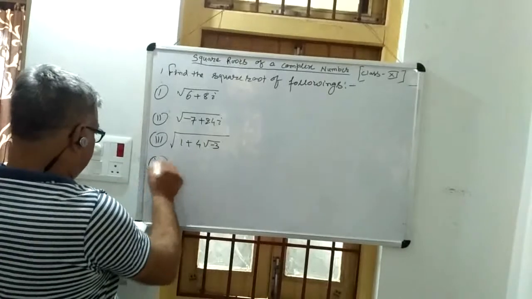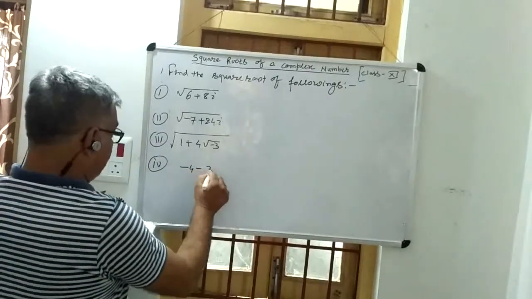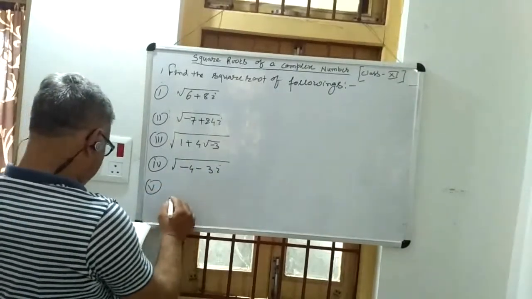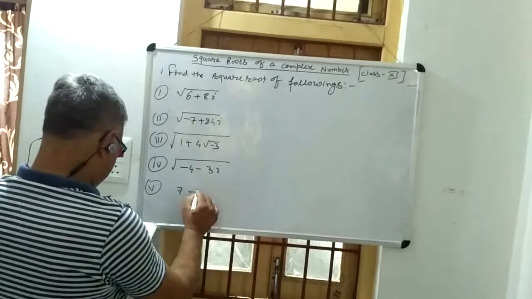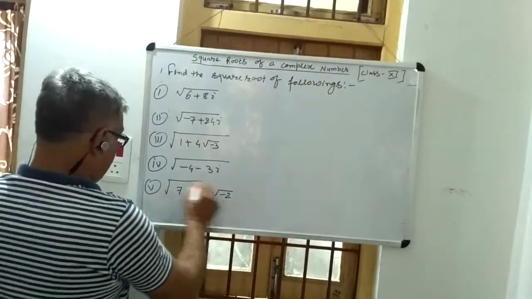And fourth question is the square root of minus 4 minus 3i. And fifth question is the square root of 7 minus 30 root minus 2.